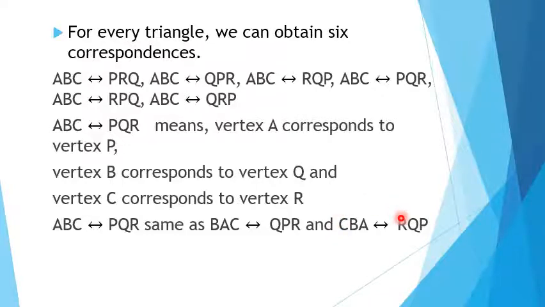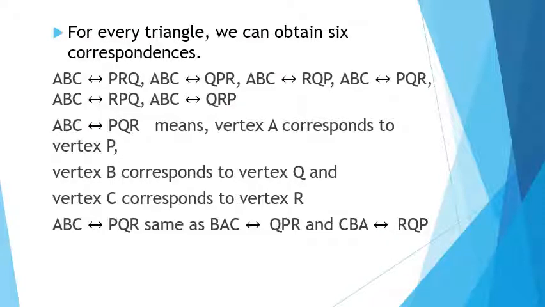Vertex C corresponds to R, here also vertex C corresponds to R. Vertex B corresponds to Q, here also vertex B corresponds to Q. Vertex A corresponds to P, here also A corresponds to vertex P. So ABC corresponds to PQR is the same as BAC corresponds to QPR and CBA corresponds to RQP.